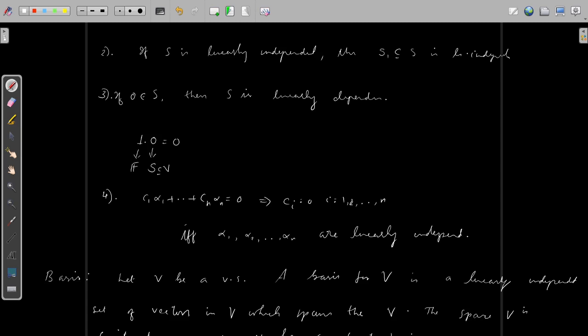This is the definition of basis and the dimension of V. The definition of basis is a set that should be linearly independent and that should span the whole space V. And if V has a finite basis, then we can say that V is a finite dimensional vector space.